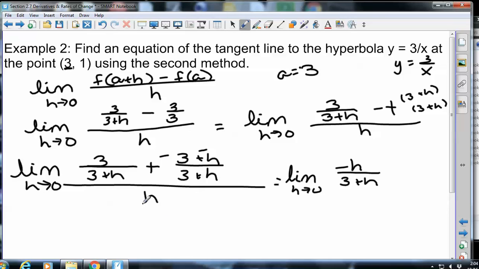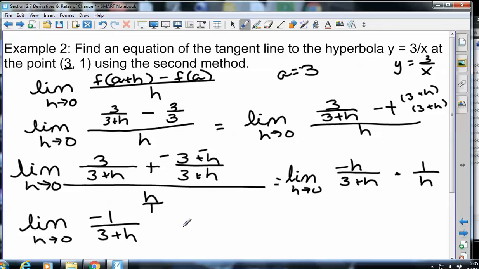How do you divide fractions? Flip and multiply. This is like an h over 1. So I could take this times and then flip it, 1 over h. Then I can cancel an h out. So we get negative 1 over 3 plus h. And then you can plug in.